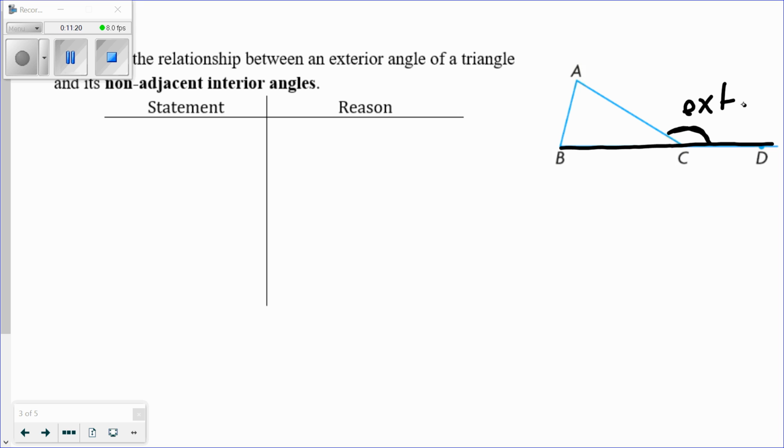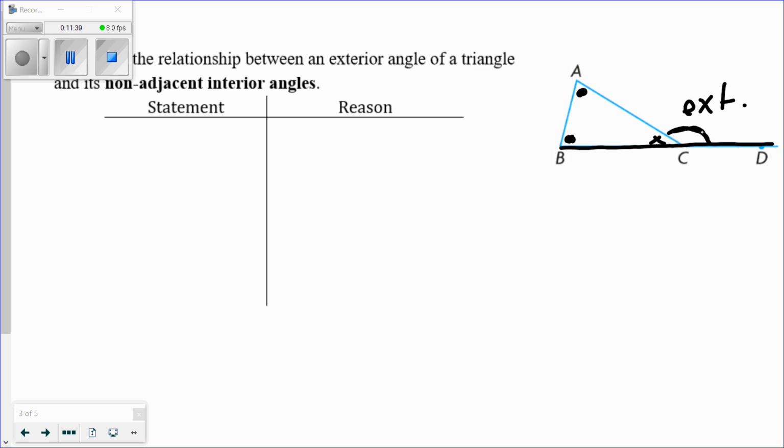Non-adjacent means not beside, so this would not be it because that is adjacent. We're looking at the relationship between this angle and this angle to this exterior angle.